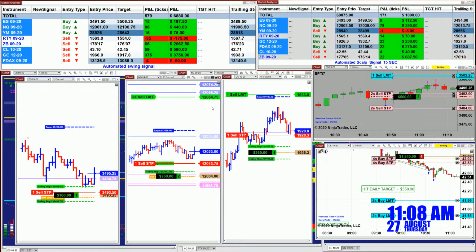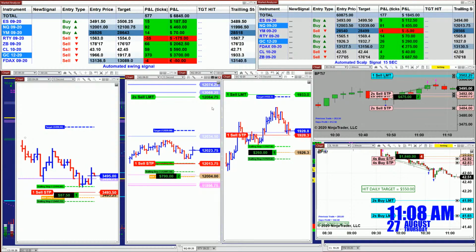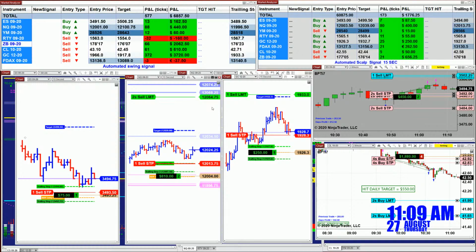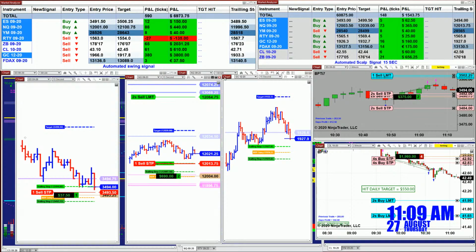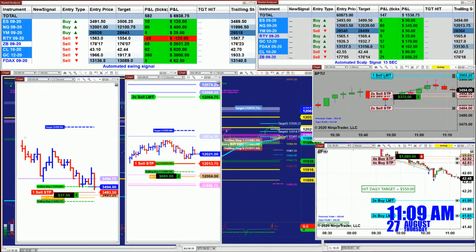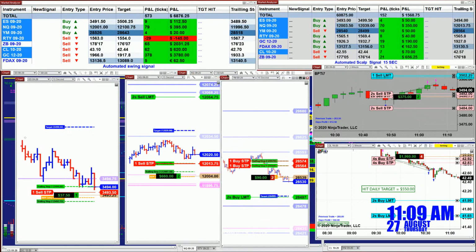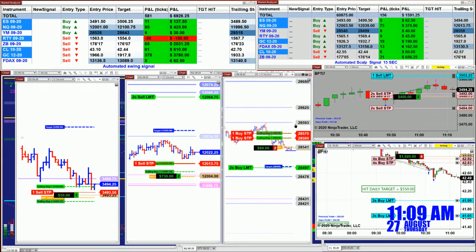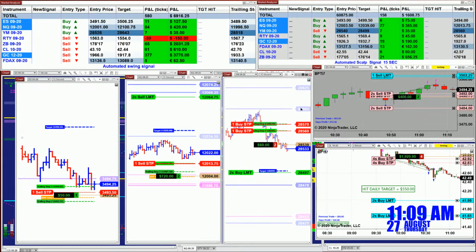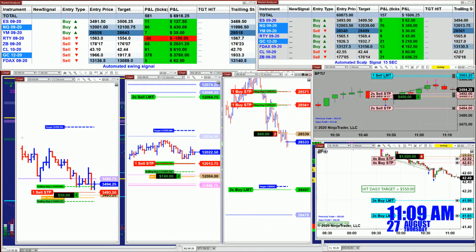We are about to be done with the gold, I guess. There we go. We are done with the gold. And the YM, the one we called the trade for you a few seconds ago, this is the YM trade. It's a very small trade because of the market.